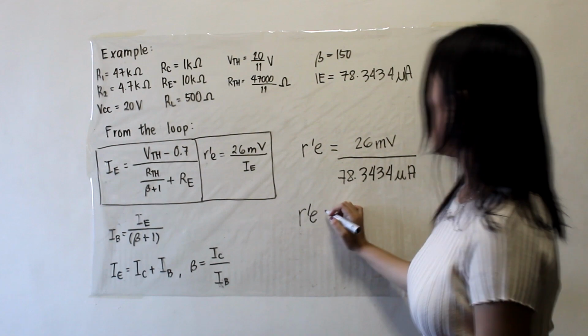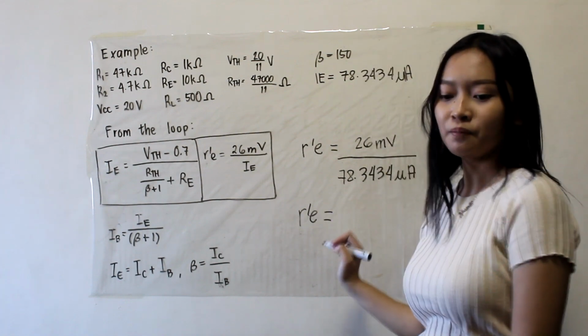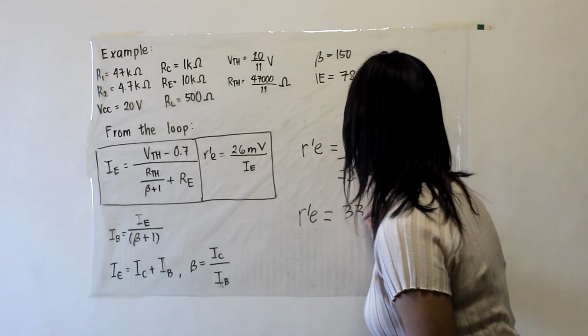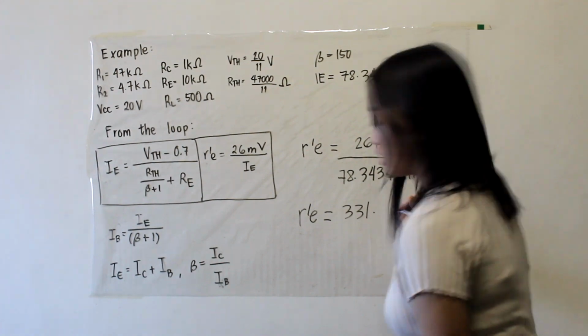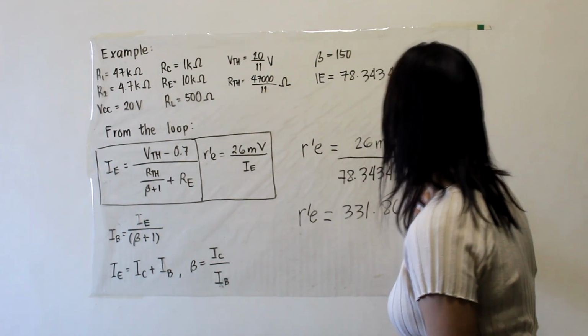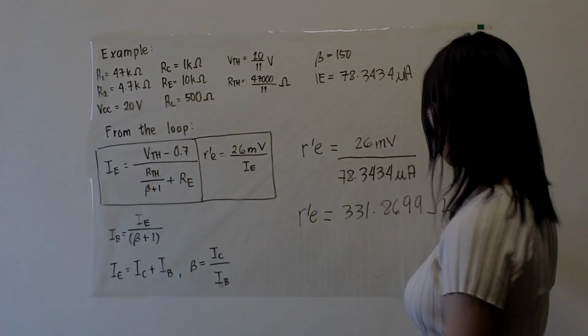Therefore, our R prime E is equal to 331.8699 ohms.